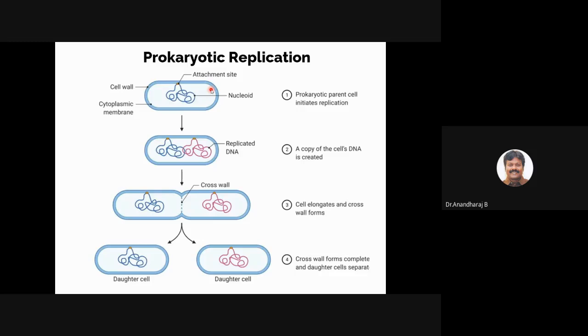Any idea? The daughter cell has the information from the parent cell, sir. Okay. So one cell will be converted into two cells, right? The first initial cell we call the parent cell. Now the parent cell will be converted into two daughter cells.